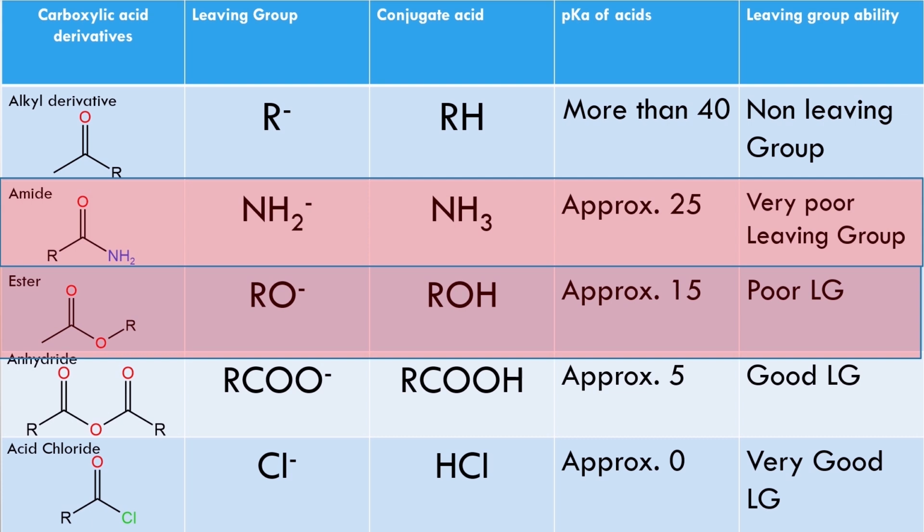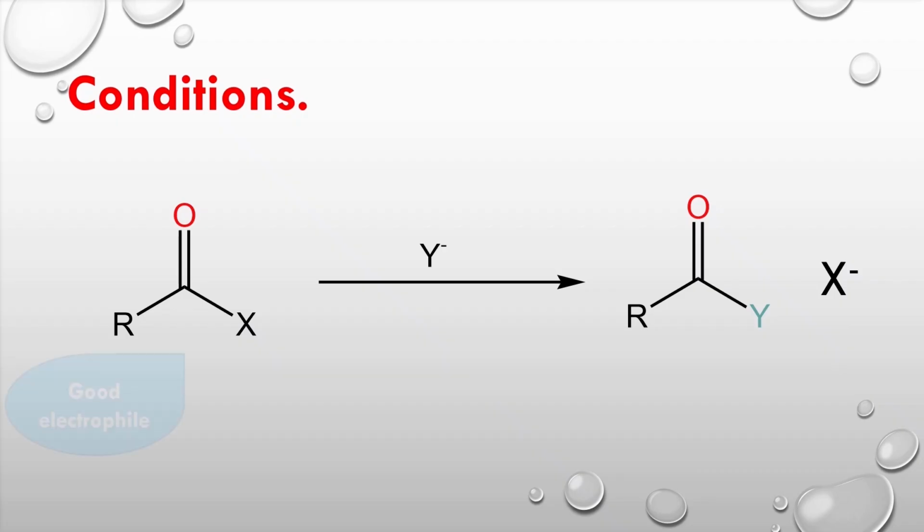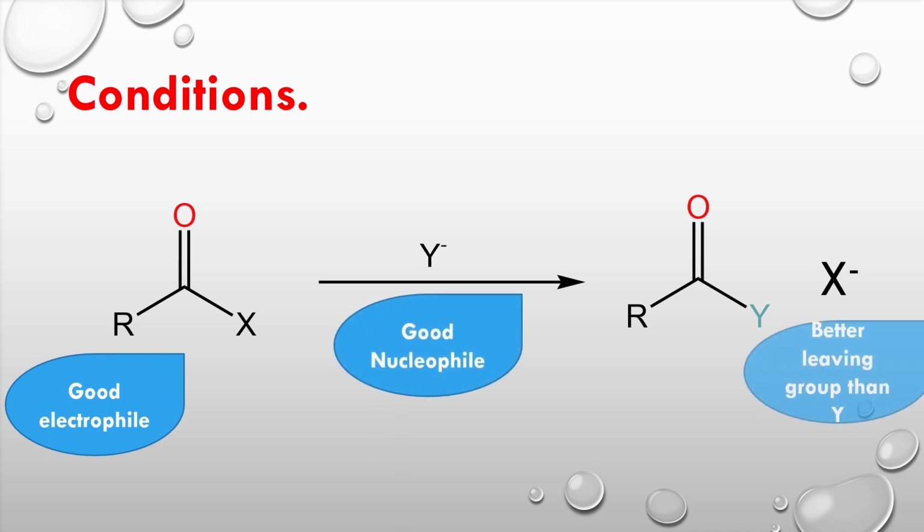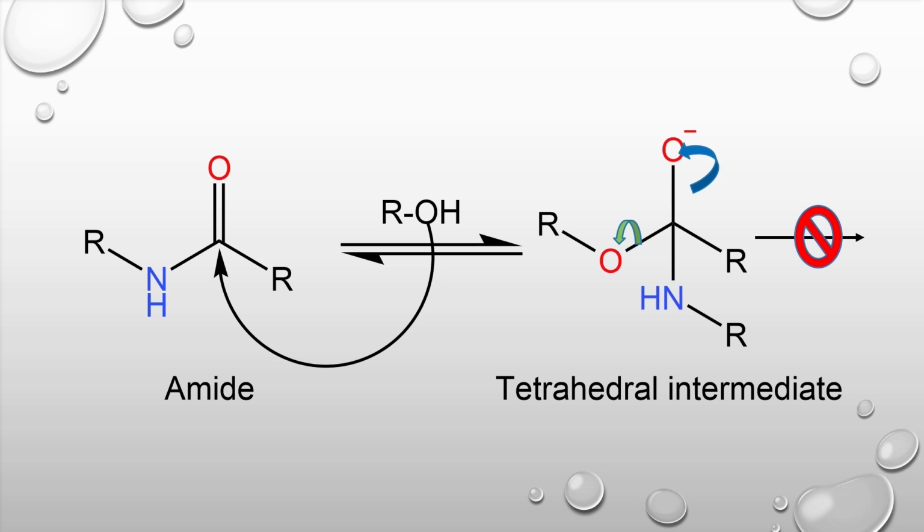This type of nucleophilic substitution depends not only upon the leaving group but also upon two other factors. One is a good electrophilic carbonyl molecule and the other is a good enough nucleophile. To understand this, let's just reverse the example which we have just taken.